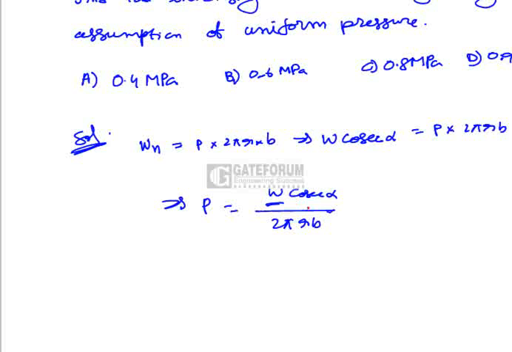This load can be obtained from the equation for the torque, that is 2/3 mu W into (R1 cube minus R2 cube) by (R1 square minus R2 square), where R1 is the outer radius and R2 is the inner radius of the clutch. But we don't know the outer radius and inner radius, so we'll have to find them using the mean radius.